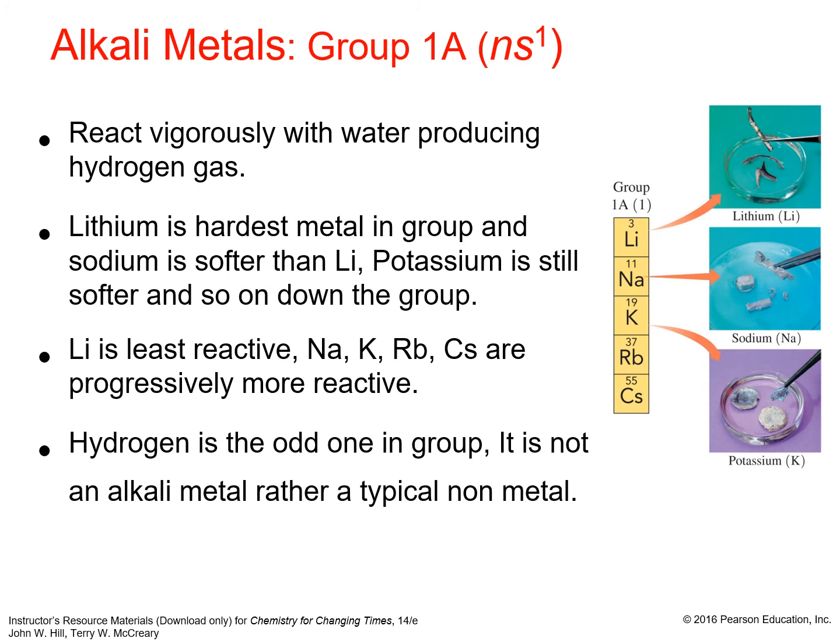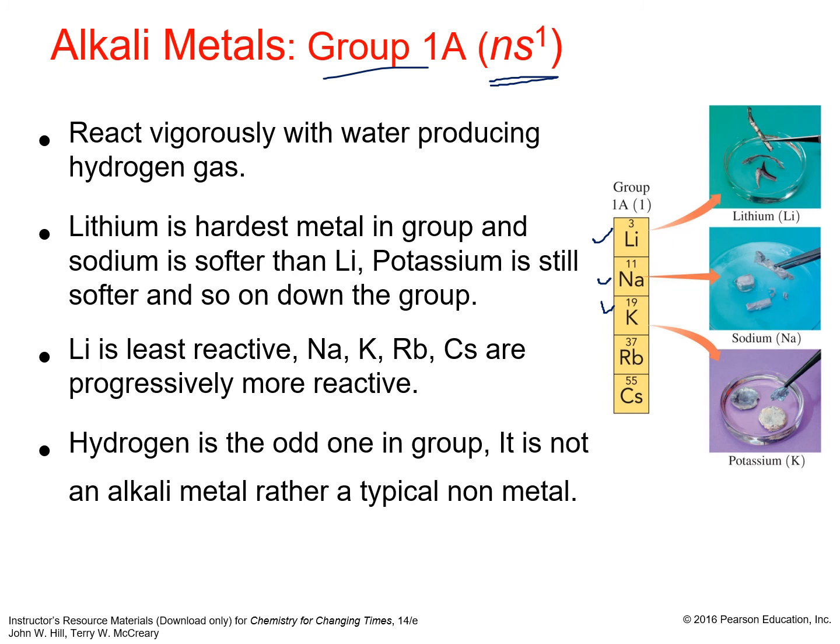Now I'm going to quickly tell you about each group. Here is your first group, the alkali metals, group 1A, also represented as ns1. These elements, lithium, sodium, potassium, rubidium, and cesium, are all in group 1.